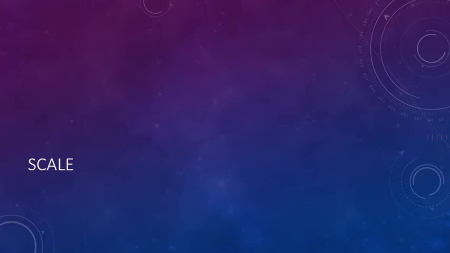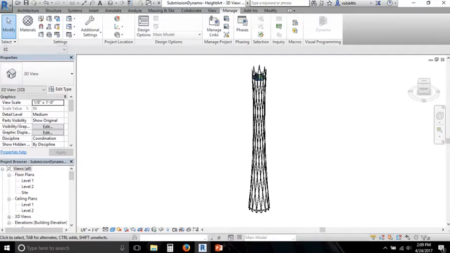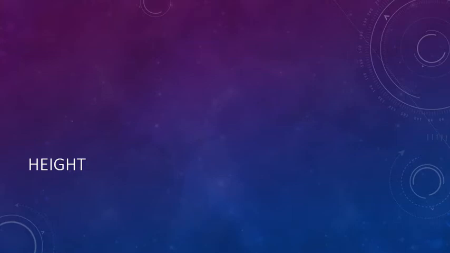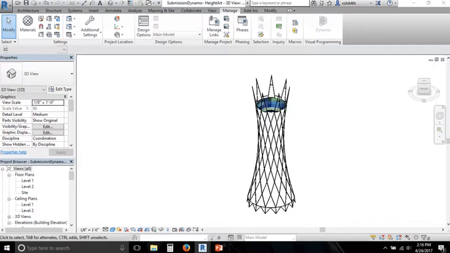Coming to the scale, when the base plate radius was changed from 173 feet to 100 feet, this was the outcome. As we can see, the model has become slender. Coming to the height, when the height was changed from 1570 feet to 1000 feet, this was the result.